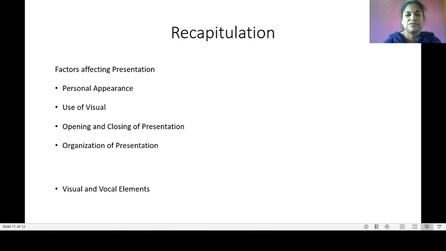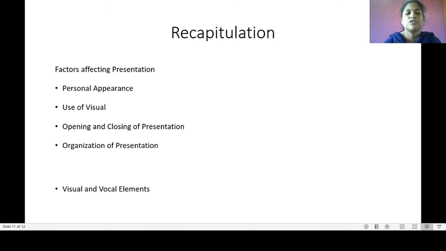Organization of presentation. Information should be organized in a way that gives clarity to the presentation. It also boosts the confidence level of the presenter. Then we saw the two important elements, visual and vocal elements, which also include verbal elements.